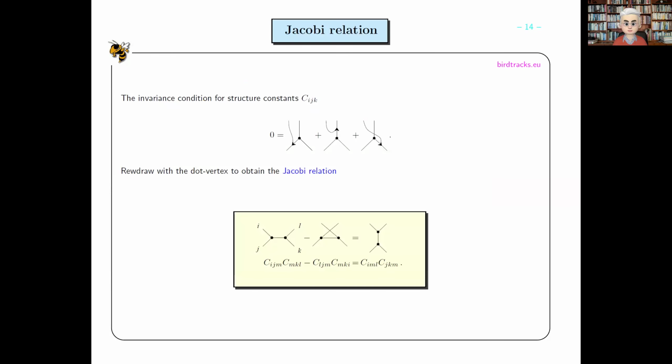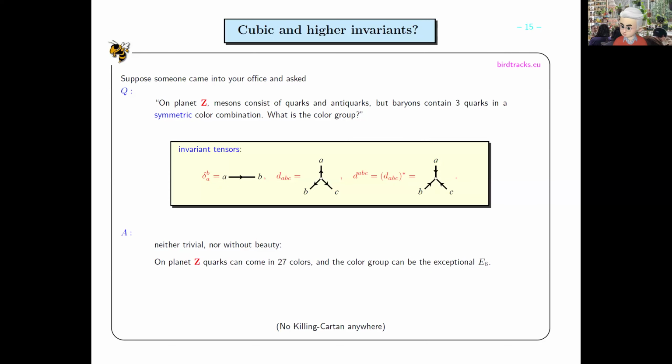So now, once you get some hang of these diagrammatic ways of thinking, you sit in your office, you're a high-energy physicist, you've learned that 3 quarks in antisymmetric combination form a hadron, and quark antiquark should be measured, blah, blah, blah.